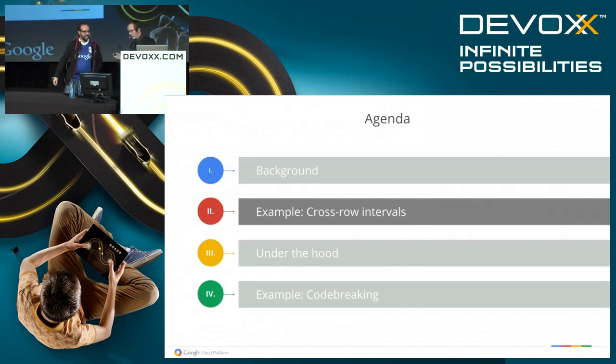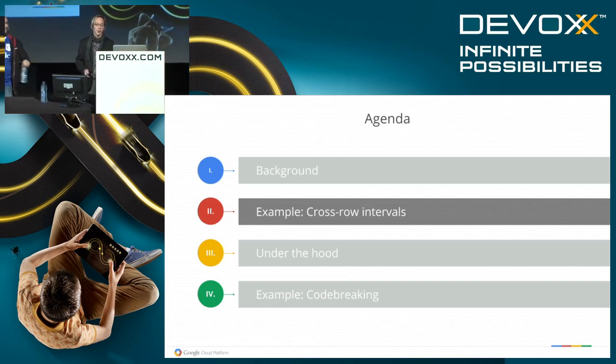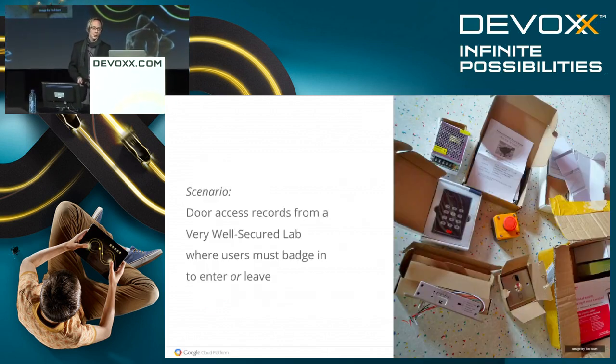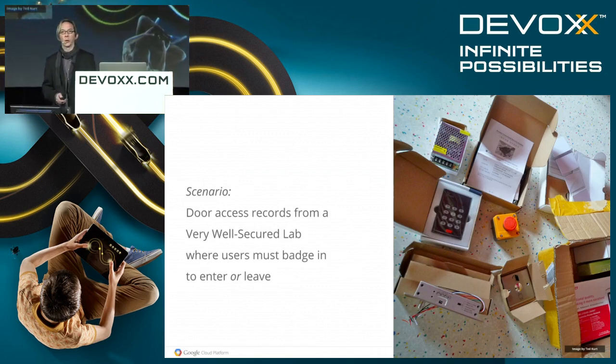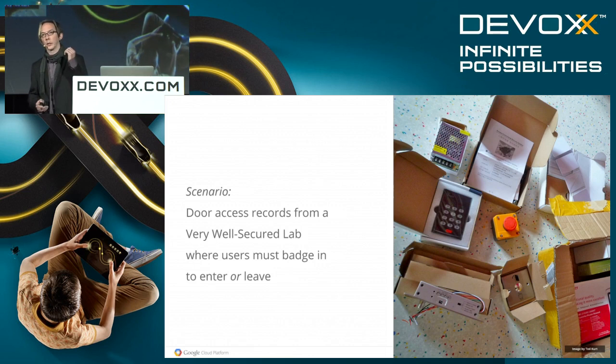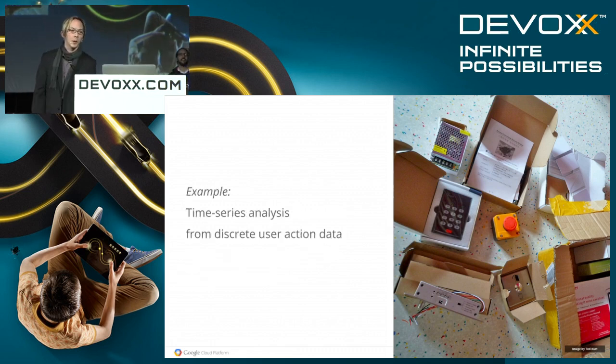Excellent, thank you. So we'll take a look at a problem that comes up not uncommonly, which is analyzing data across rows. So let's think about this scenario. We have door access records from a very well-secure lab, such that you need to badge in whether you're entering the lab or leaving. So every time you cross the door, you have to badge in.